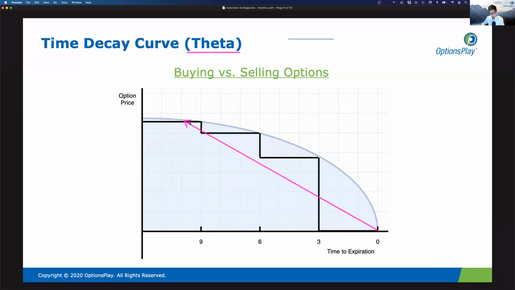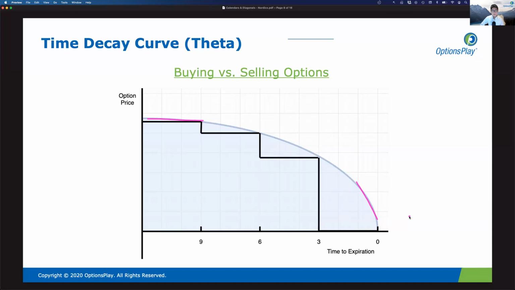If you buy a long dated option, the theta decays at a much lower pace. If you buy a short dated option, the time decay is much faster. So when you buy a shorter dated option, the value of that option will decay faster than an option that expires at a later date.